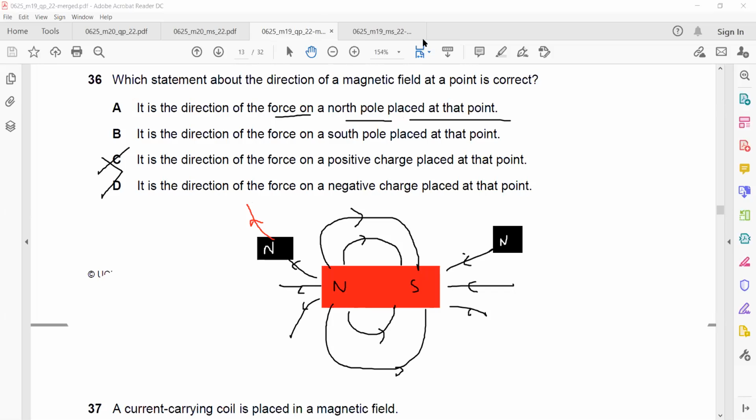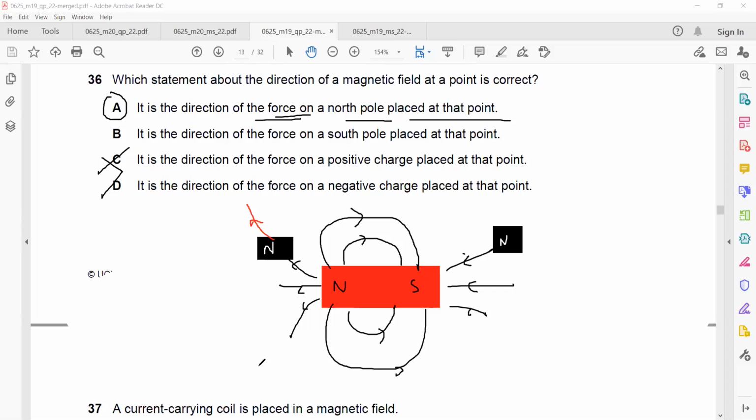So which statement is correct? It is the direction of the force on the north pole placed at that point. When we place the north pole at any point in the magnetic field, it will move the same as the direction of the magnetic field. So A is the right answer. Is it clear? Why is statement B not correct?